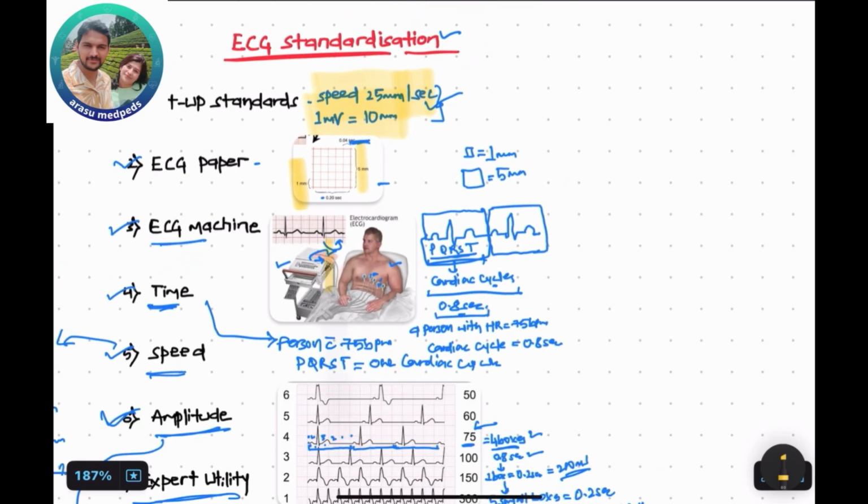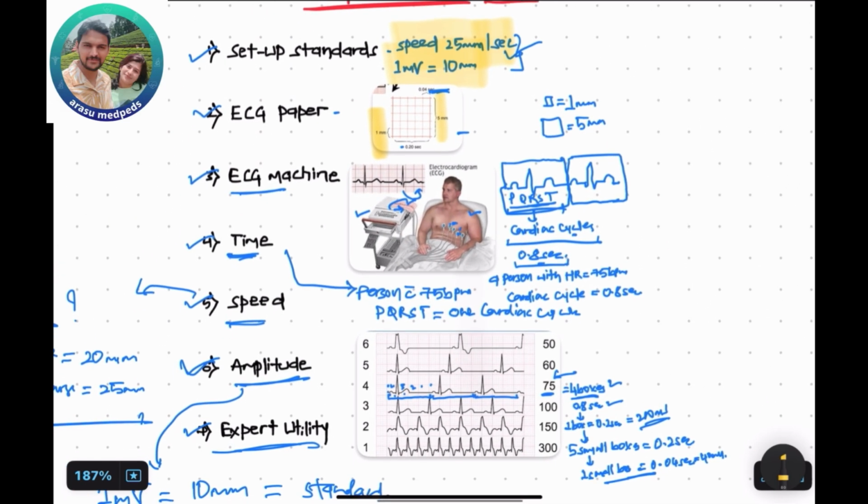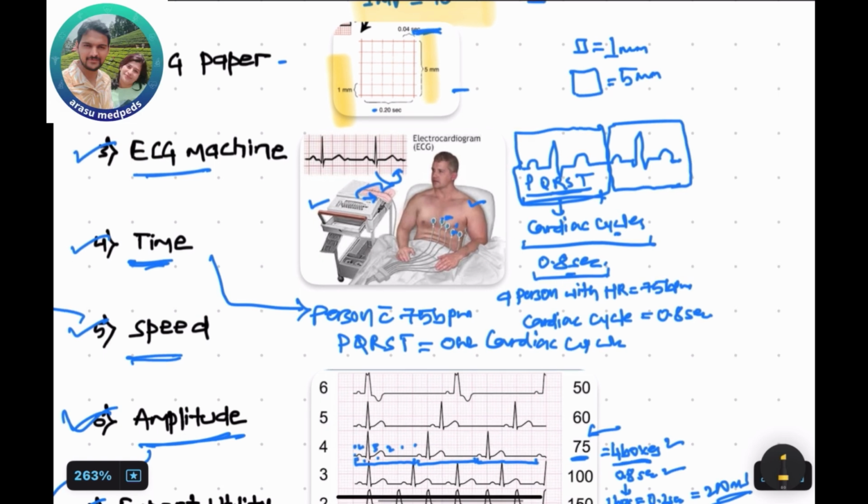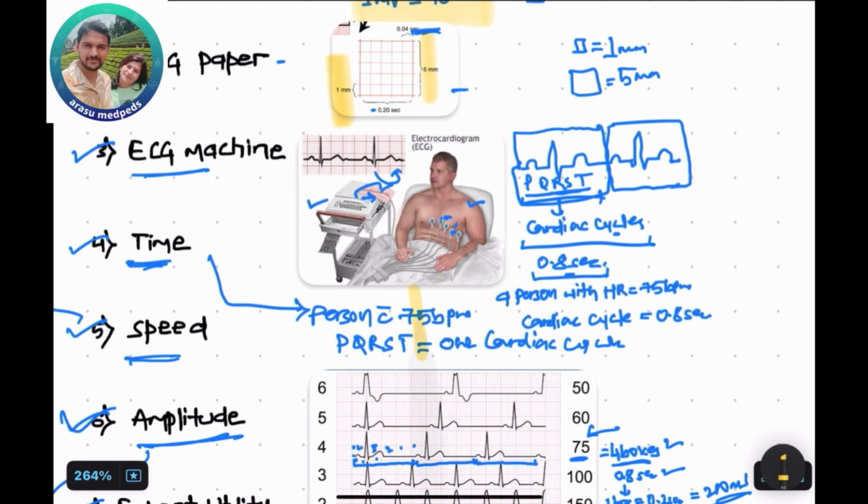And when they recorded the ECG in a person with physiological heart rate, if we consider very much standard, that will come to 75 beats per minute. What they got was some repeated forms of waves which they labeled as PQRST. So one repetition is considered as one cardiac cycle, that is nothing but 0.8 seconds.